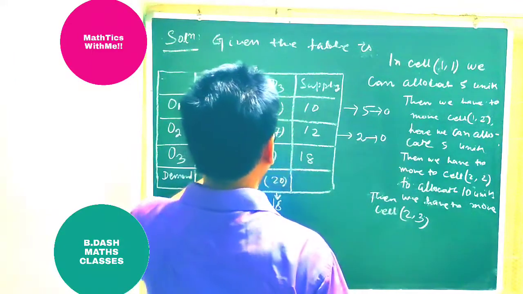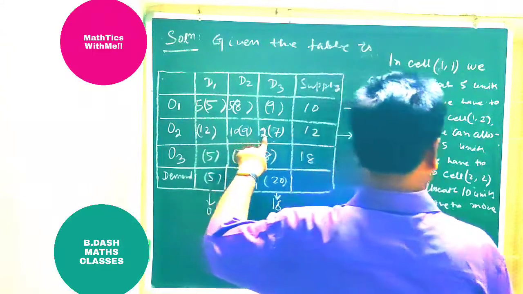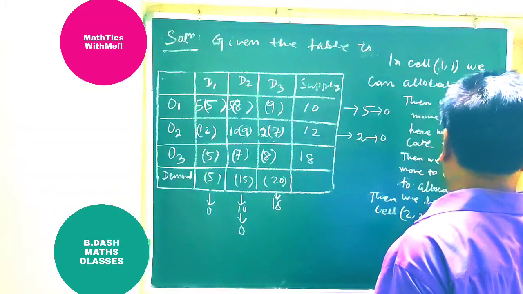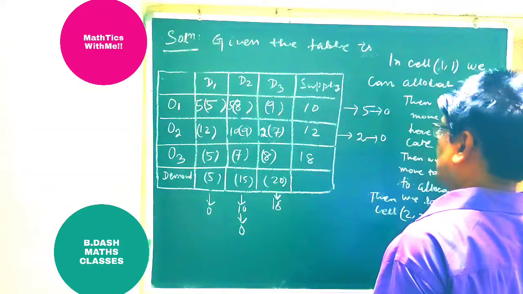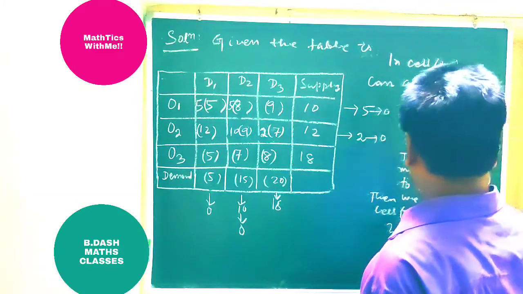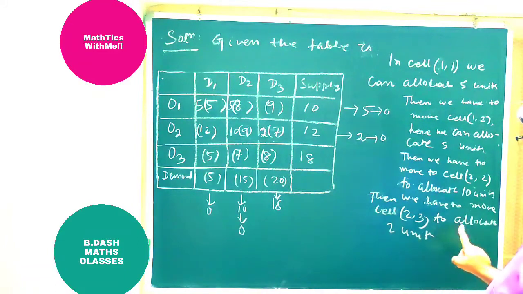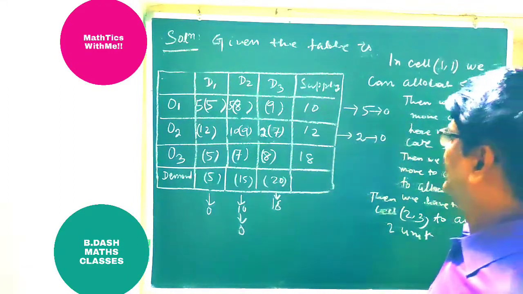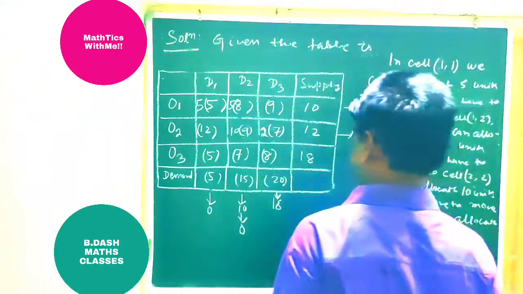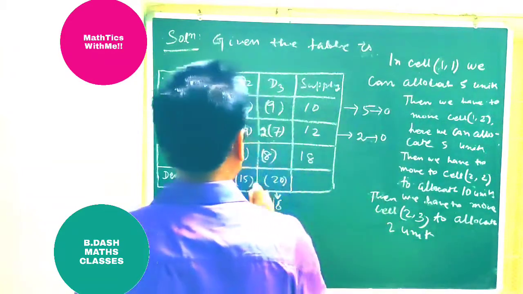So we move to cell 2 3 to allocate 2 units. Now this becomes 0. Then we have to proceed to cell 3 3.